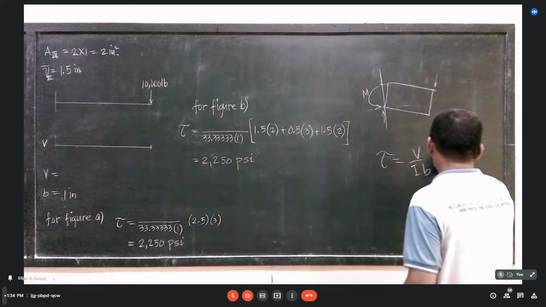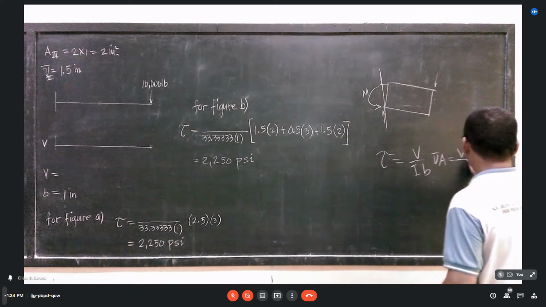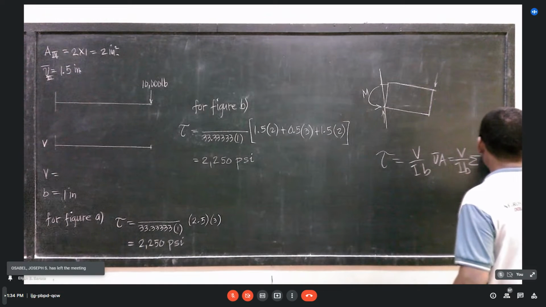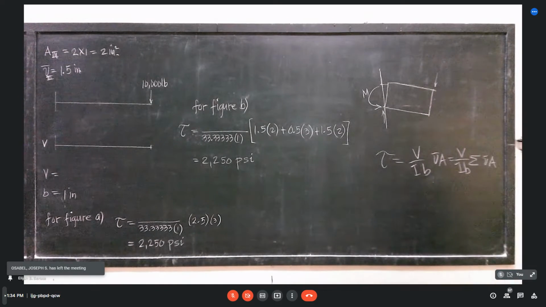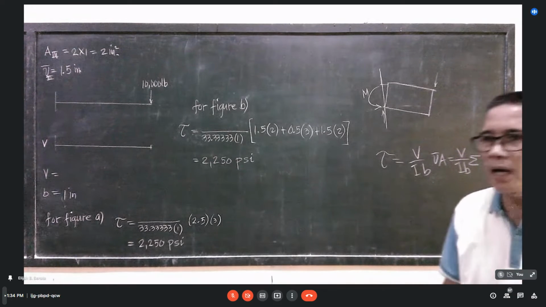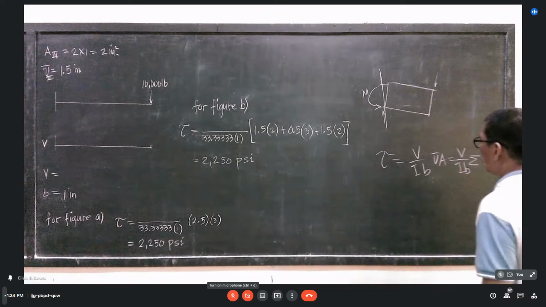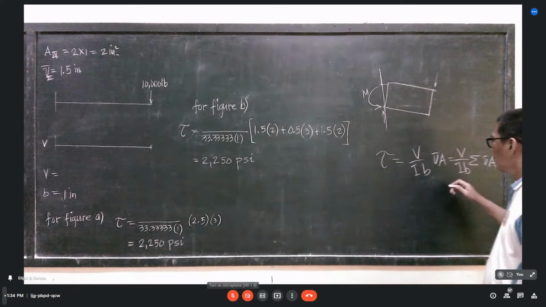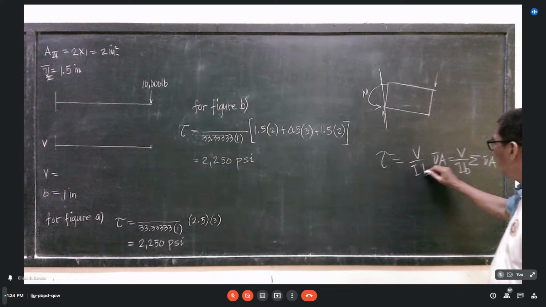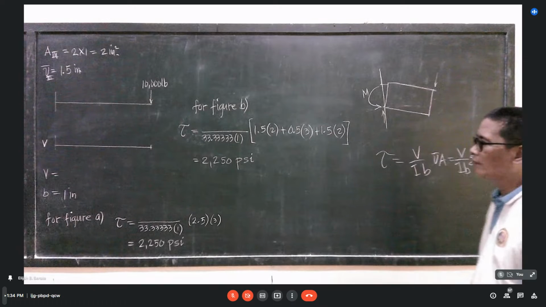It could be VA bar or VQ over Ib. Do you remember this? This is the formula to determine the transverse shear stress. I should be determined, and y bar and A should also be determined.